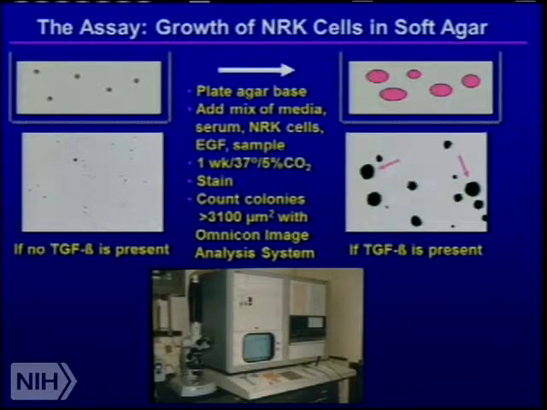After 1 week, the plates were stained, and the colonies were counted in an Omnicon image analysis system, and I have a shot of one of the image analyzers that was used. So if no TGF-beta is present, on the left side of the slide, you wouldn't see any colonies formed and counted. If TGF-beta is present in the sample, then colonies would form and the bigger ones would be counted.